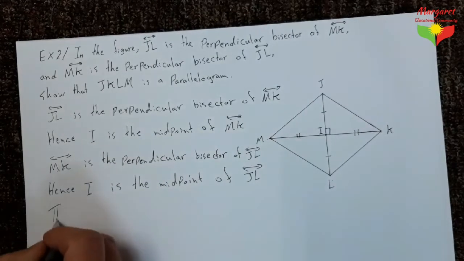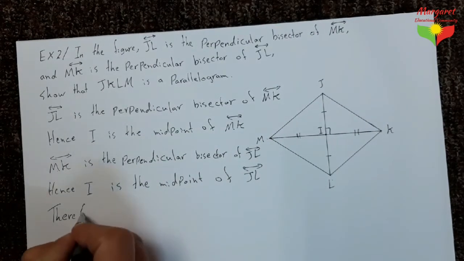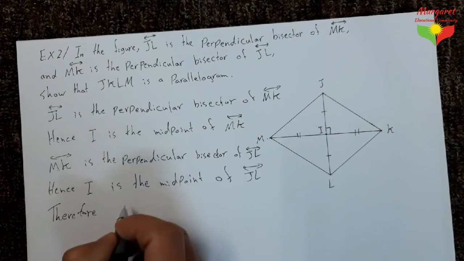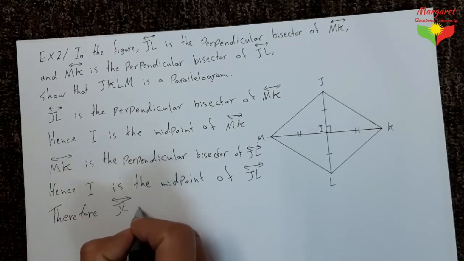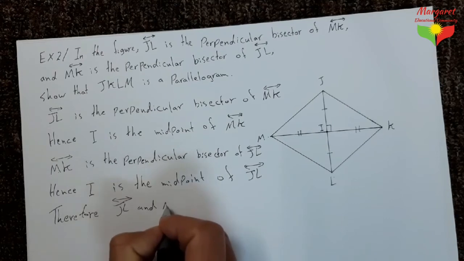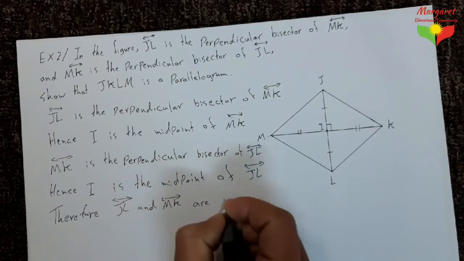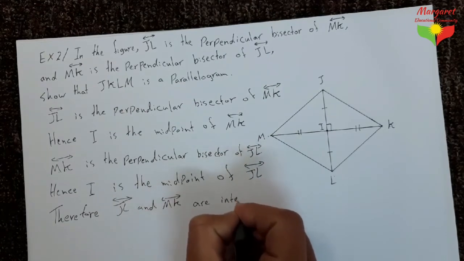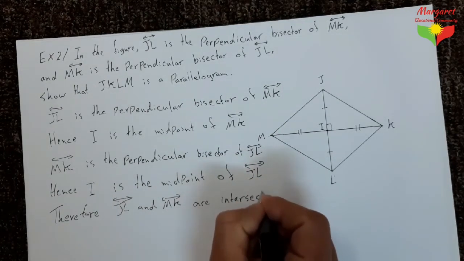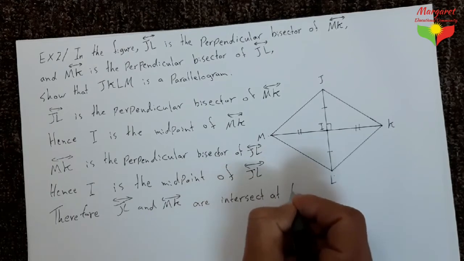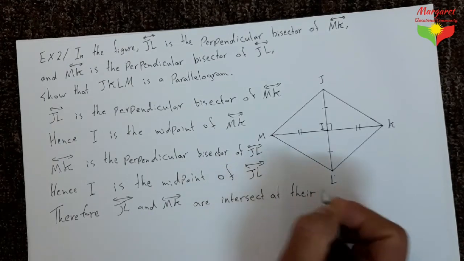Therefore, JL and MK intersect at their midpoint.